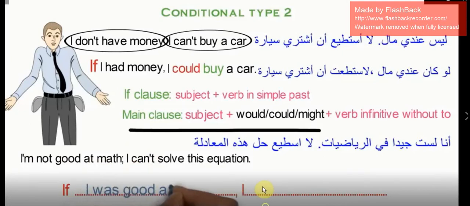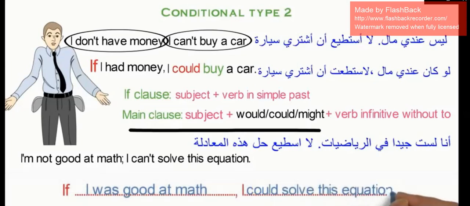If I was good at math, I فكر في الجزء الثاني قبل ما نكتب الإجابة. I could solve this equation.